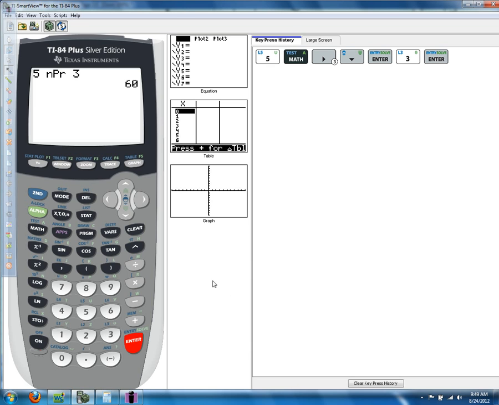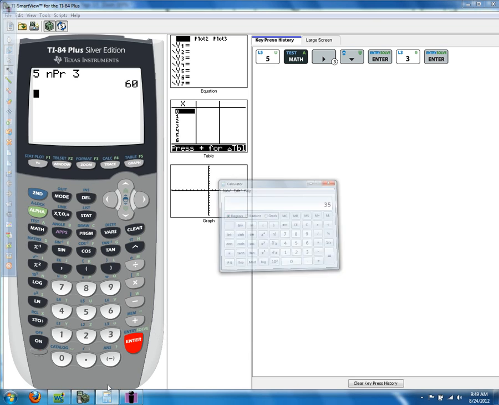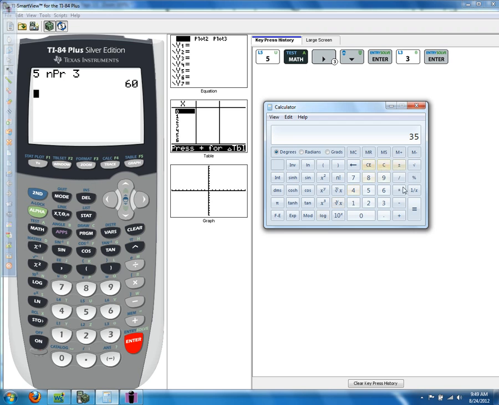The other way I could do it is, I'll do it on the other calculator. I can do 5 factorial divided by 2 factorial equals. So I can just divide. Why would you divide?